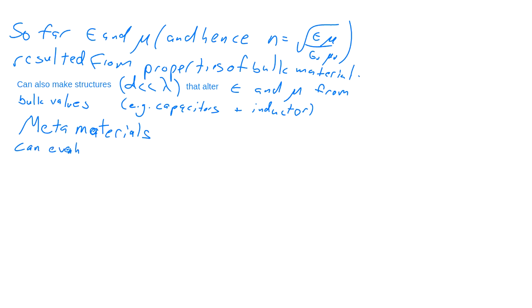We can even get permittivities that are less than 0. In other words, if you apply an electric field, you induce an electric field pointing the other direction in it. And same thing with a magnetic field.